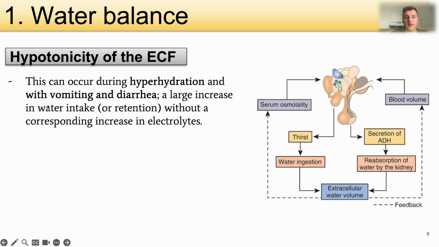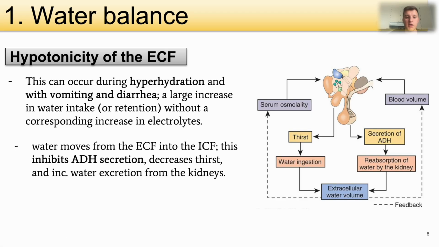You have a large increase in water intake or retention without a corresponding increase in electrolytes, those sodium and potassium. So water moves from the ECF into the ICF, because again, you had this low amount of solutes outside.